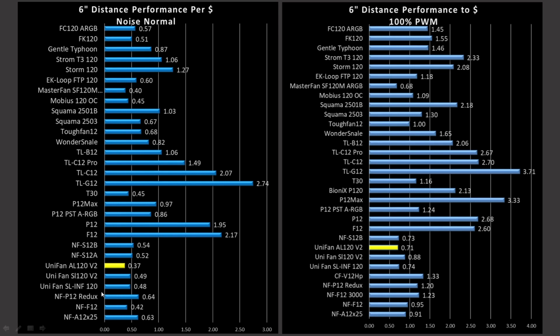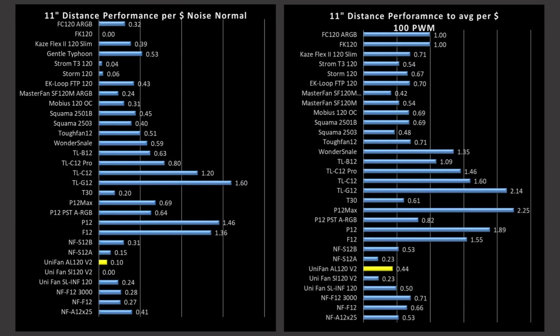So in value, the AL120 version 2 noise normalized is really bad. In terms of 100%, it's still really bad. At the 11-inch mark, it's not the worst.